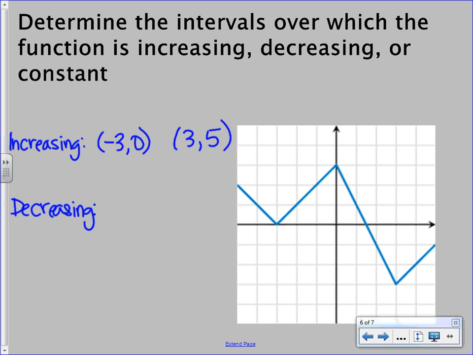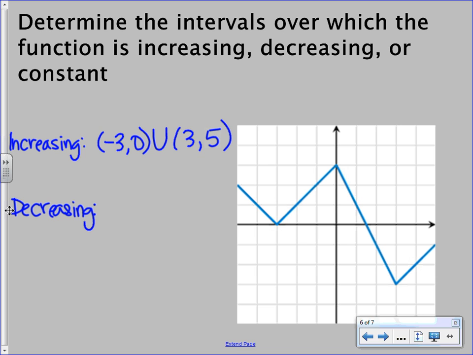If we have more than one piece of the domain, here I have two pieces, we're going to connect them with a U. It's a weird notation. It means union. We're unioning these two intervals together, so I know they're supposed to all be together.